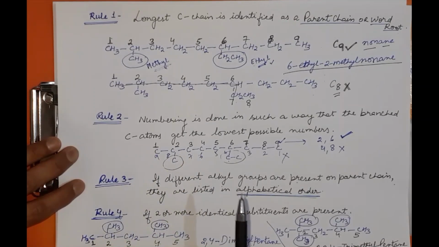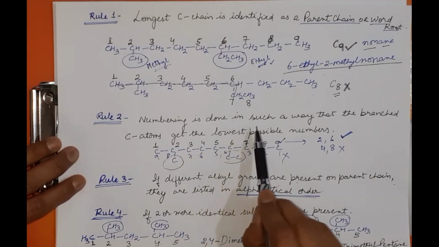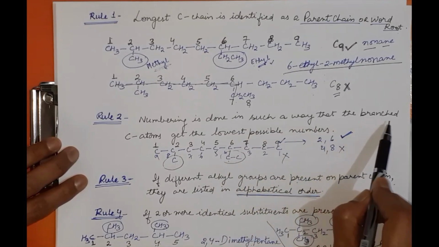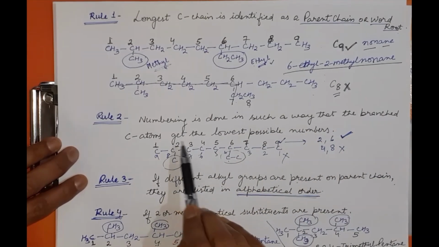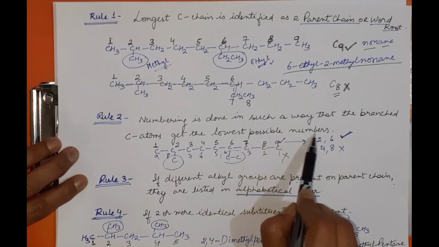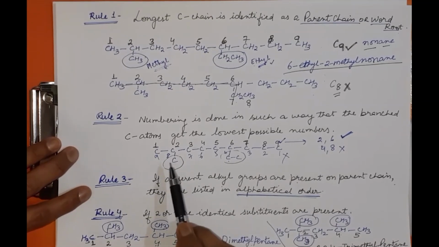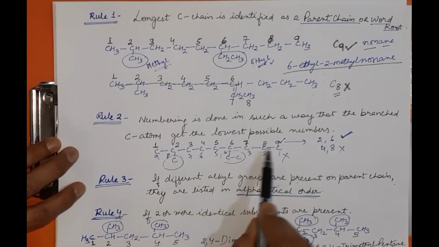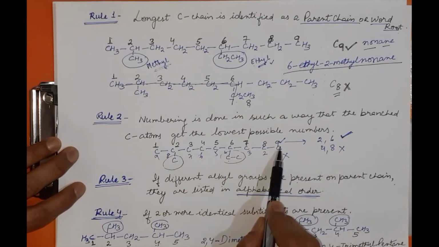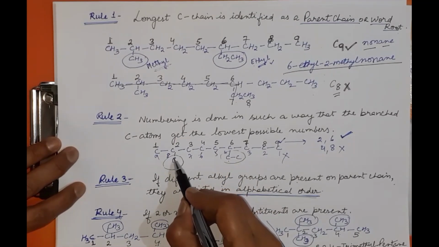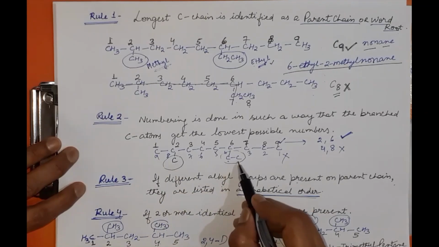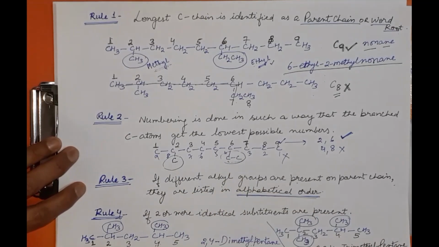Then rule number 2. According to this, numbering is done in such a way that the branched carbon atom gets the lowest possible number. If we see this simple C9 chain having these two substituents, here one side chain is there and this is another side chain.